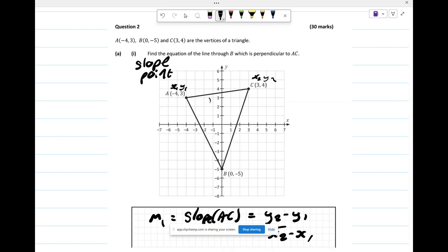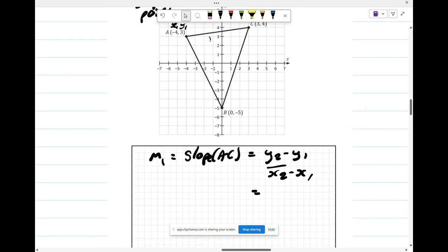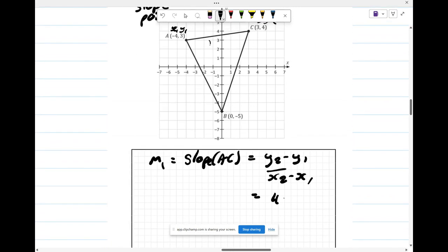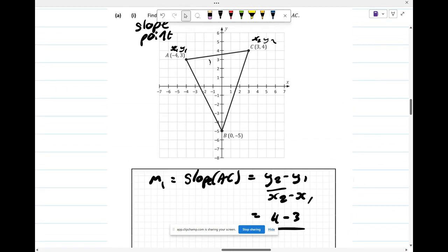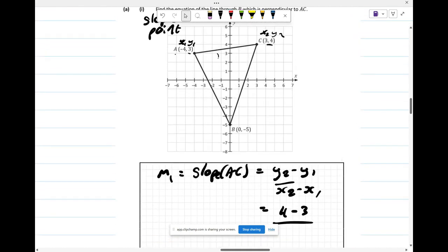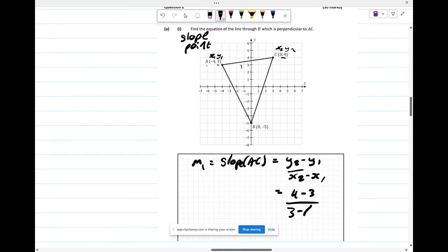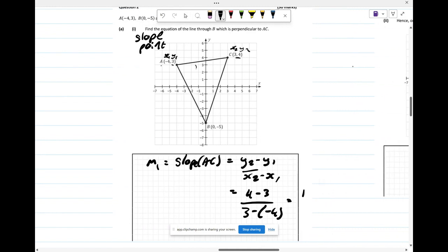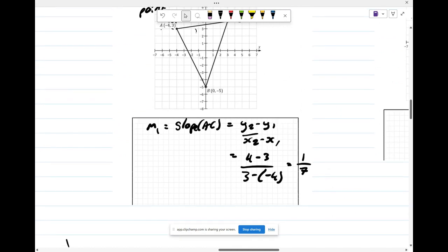So y2 minus y1 is 4 minus 3, and x2 minus x1 is 3 minus 4. So it's going to be 1 over 7.